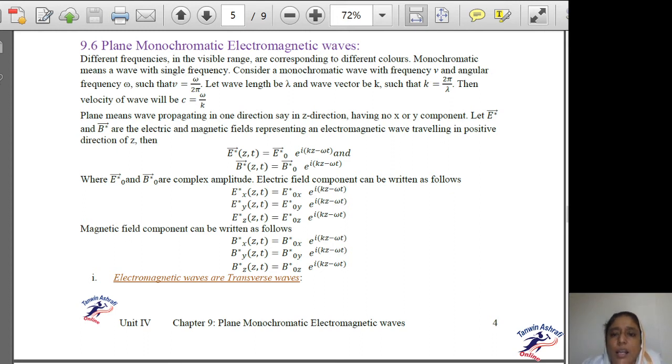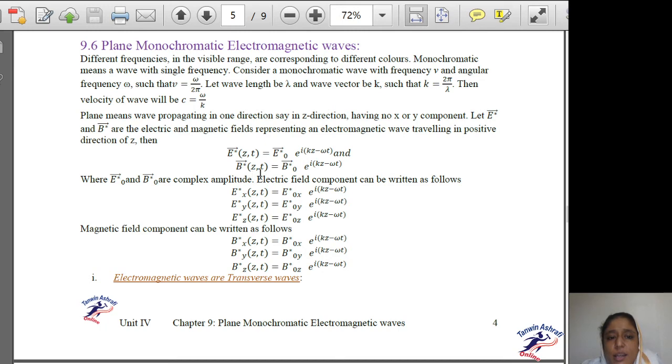And let vector E, that is the electric vector, and the magnetic vector B be the electric and magnetic fields representing an electromagnetic wave traveling in the positive direction of z. Then the electric field is a function of z and t, as it is moving in the z direction, and it is the amplitude E0 times the exponential term e raised to i(kz minus omega t).